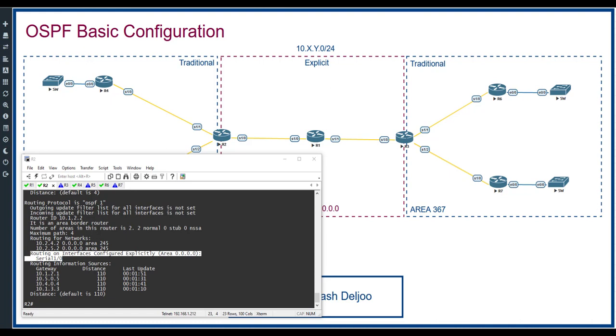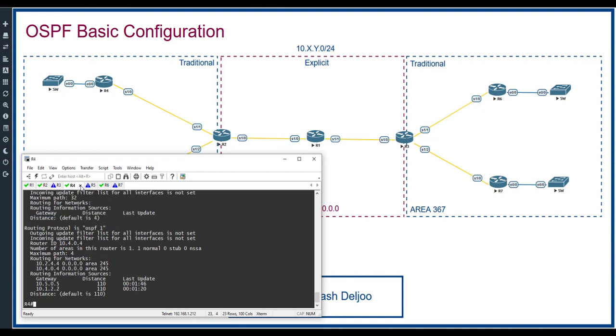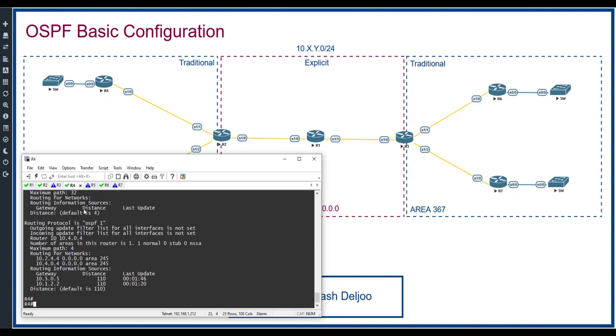Because of that, you should identify the difference in the show IP protocol result when you configure with the traditional network command or with the interface-specific command. And in router 4 we have configured only with the network command. Here you can see routing for network. This is the first difference between show IP protocols when we are configuring with the explicit method or with the network command.